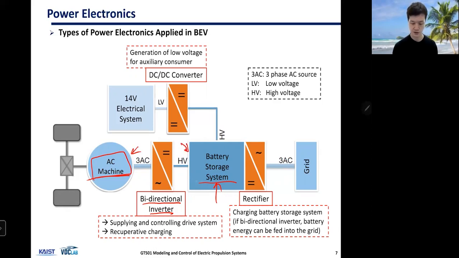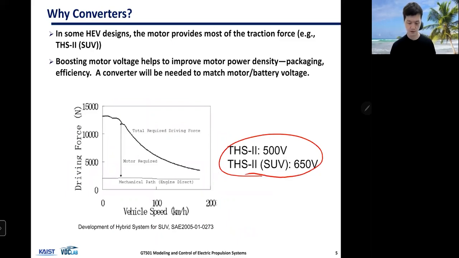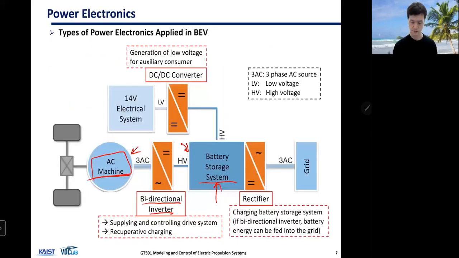Plus, usually battery voltage changes as a function of state of charge. It's not huge, but it's not small either. It's not negligible either. So for instance, your voltage, so these are nominal voltage, but when you actually change state of charge of battery, those voltages change significantly.